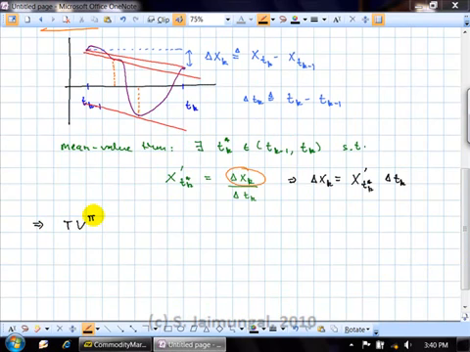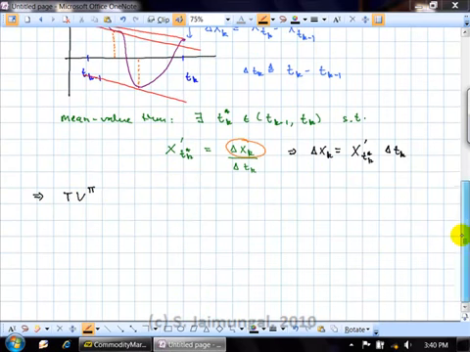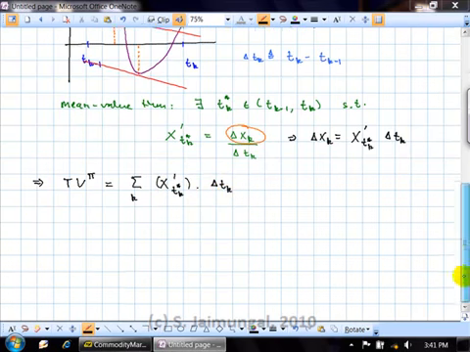So TV superscript pi means take one partition. Any partition, in fact. That's going to be a sum over k, absolute value of x prime at t_k star times delta t_k. Right?